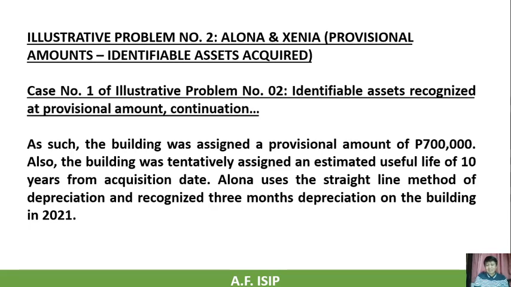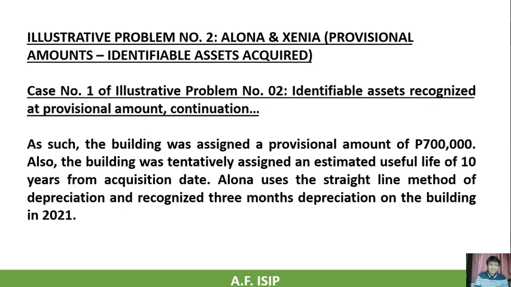The provisional amount of 700,000 pesos is just a temporary amount of the building because Alona needs to submit audited financial statements. Alona Company, the acquirer, is compelled to submit audited financial statements.